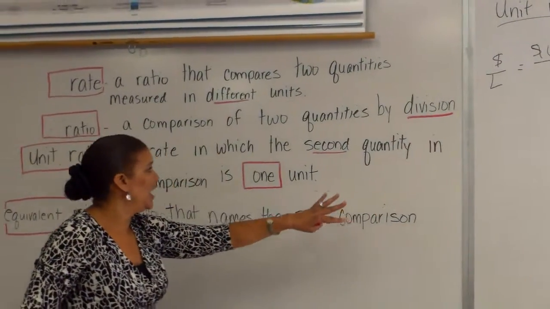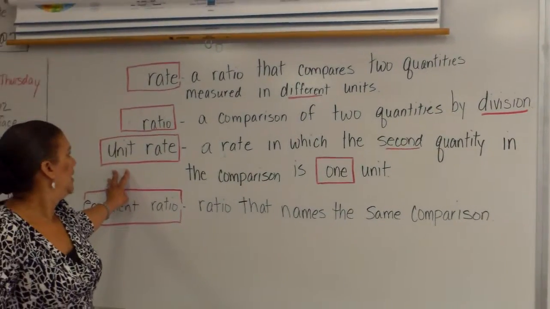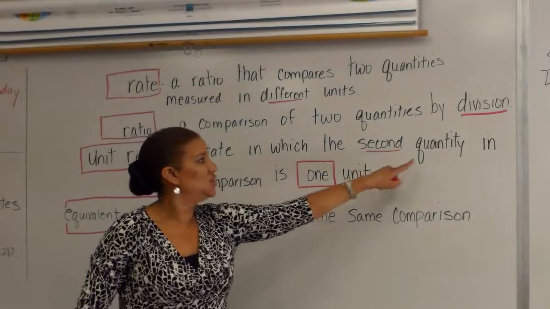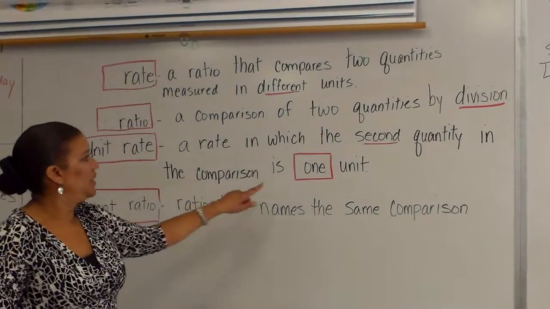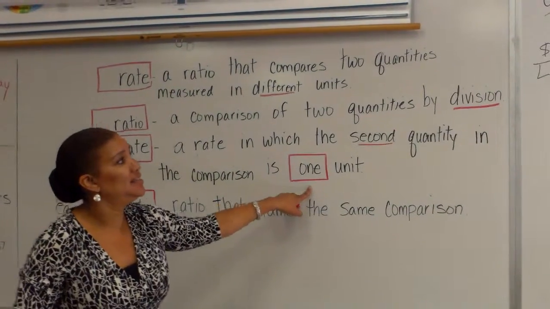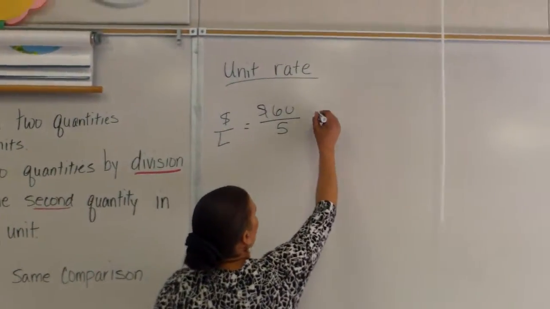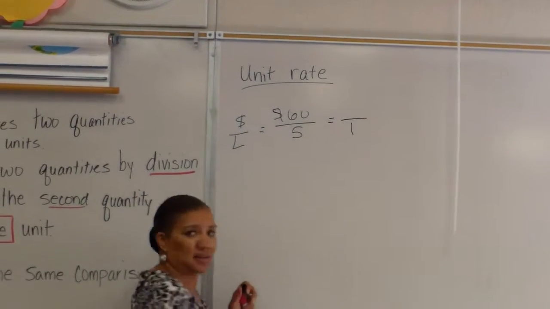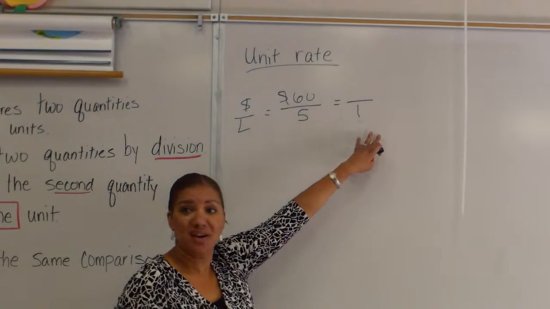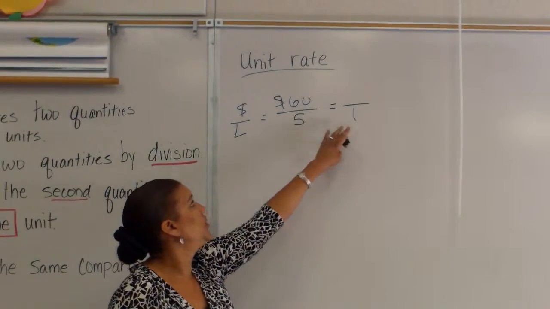Well, we know by the definition of unit rate, the definition is a rate in which the second quantity in the comparison is 1 unit. So we need to find the equivalent ratio so that the second unit is 1. How do we find the equivalent ratio where the second unit is 1?